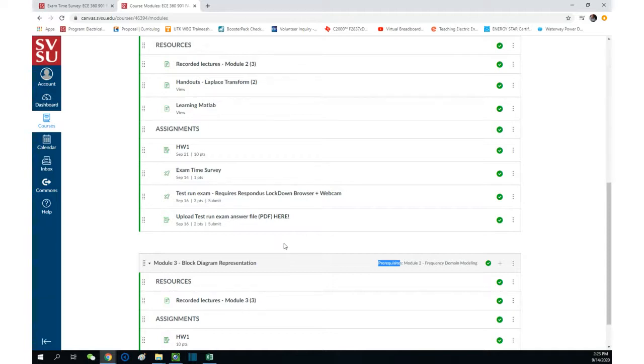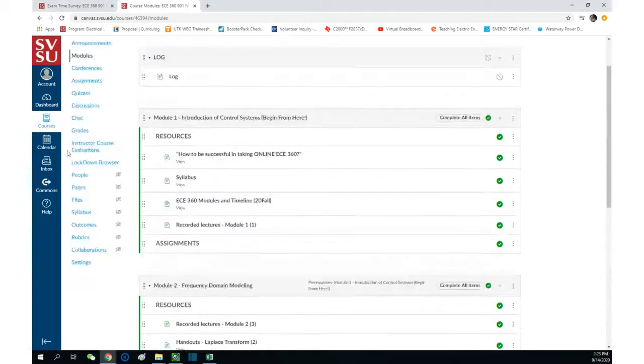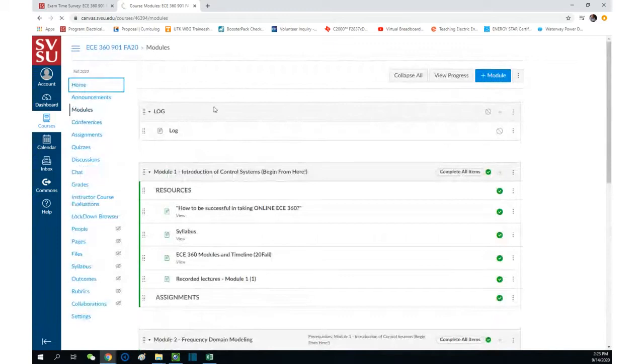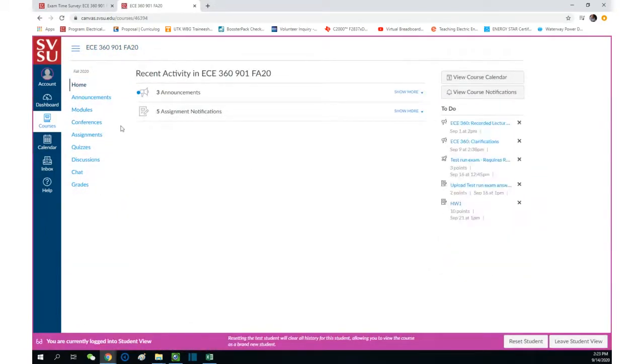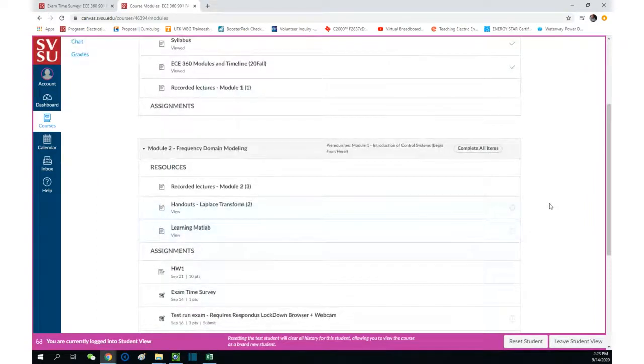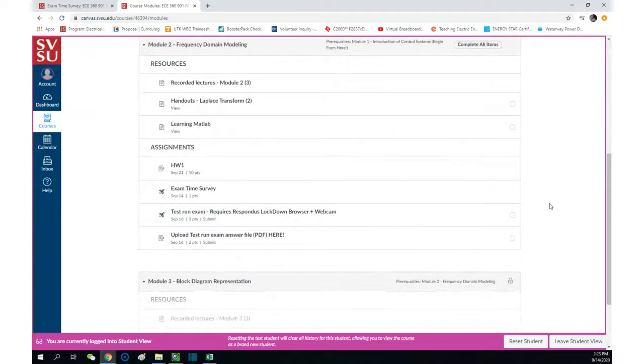Because on mine, it shows a circle on the ones that are required to view. Let me see. Hold on. My check mark doesn't mean the requirement. That means it's published or not. Okay. Thank you, Molly.